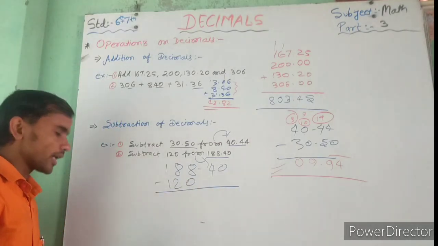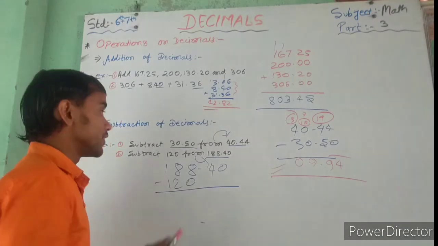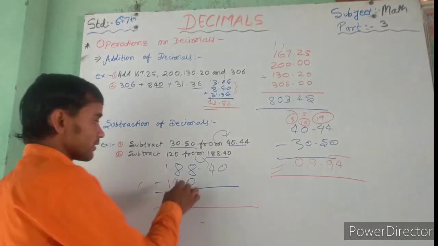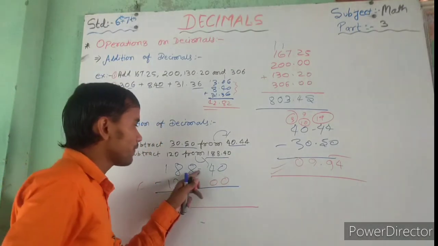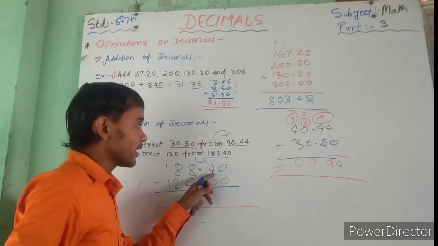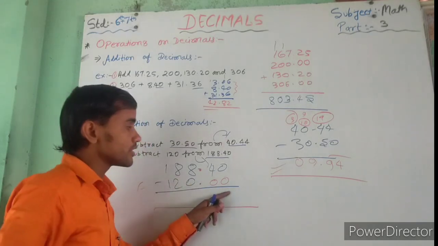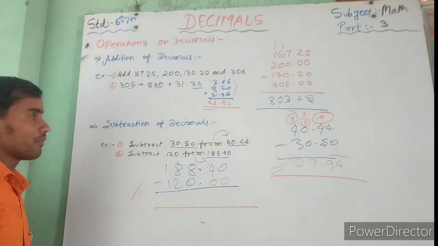My dear students, what I said before starting the class, firstly you convert in like fraction. So you see here, is that question in like fraction? No, that's unlike. In like fraction you convert: how many digits after the point, it means the decimal part, that's 1 and 2 digits. So you convert in that's 2 digits in like fraction. Then you start the solution of subtraction of decimal.